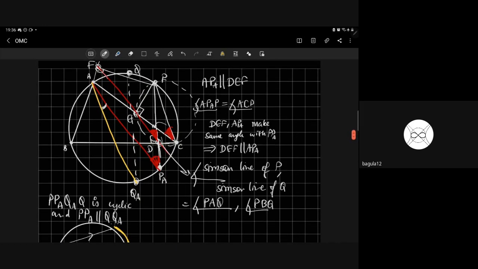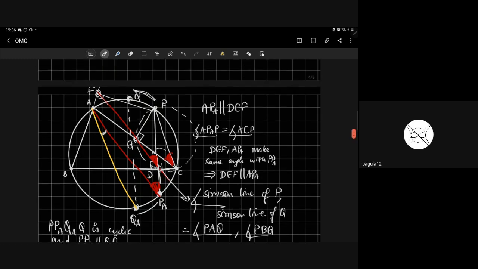So if these arcs are equal, then the angle subtended by PAQA will be the same as the angle subtended by PQ. Right? So what that means is, I'll write it here: angle PAQA equals angle QAP. Right?